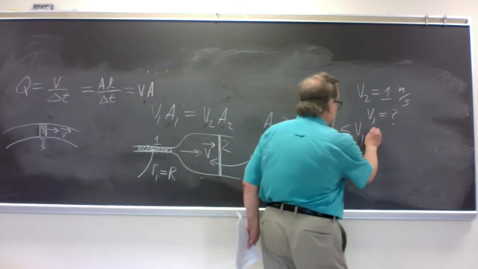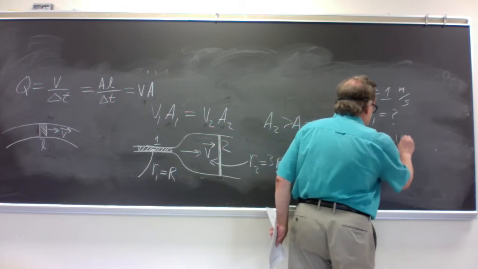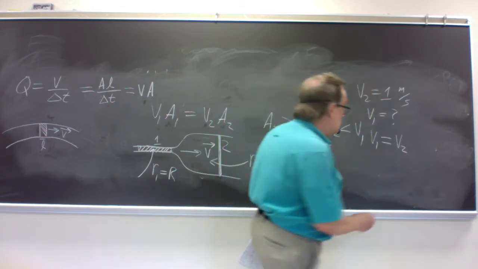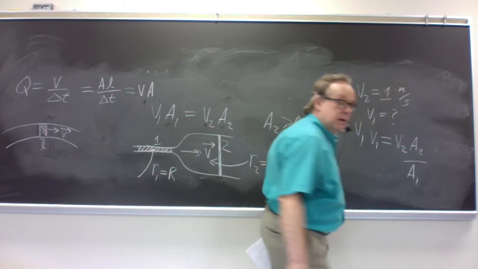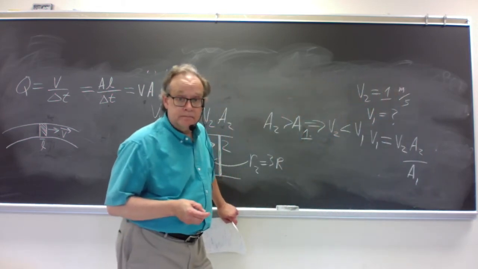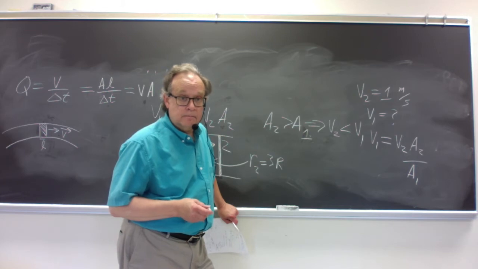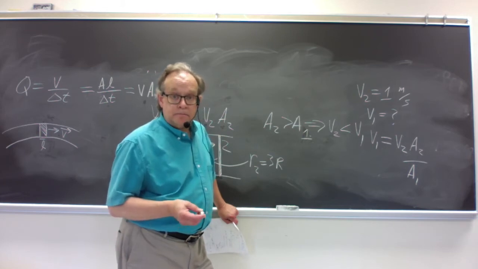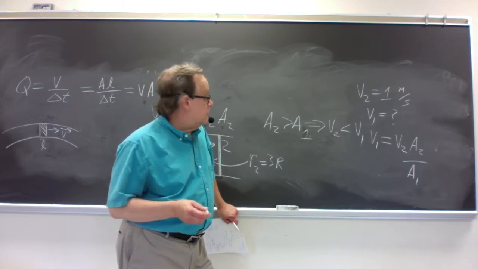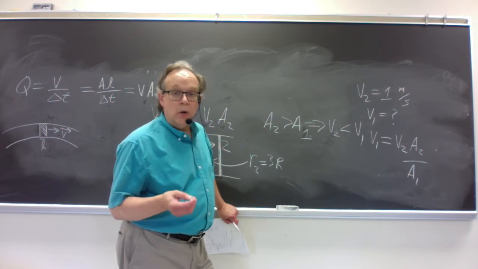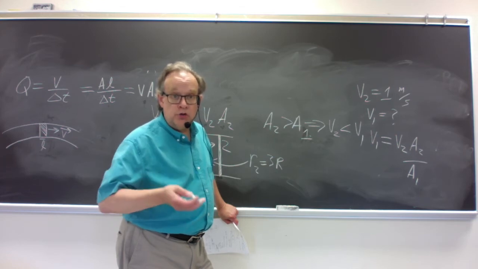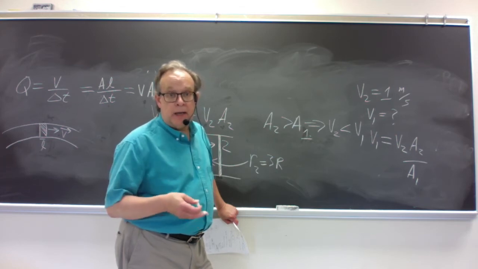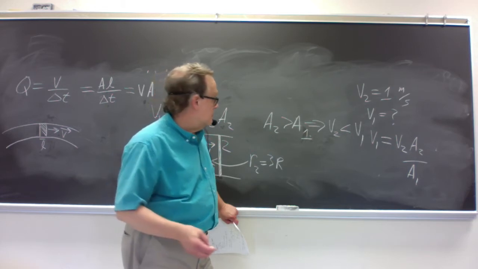So V1 is just equal to V2 times A2 divided by A1. And we know how A is related to the radius, just saying it's a circular tube, so the area is just pi times radius squared.